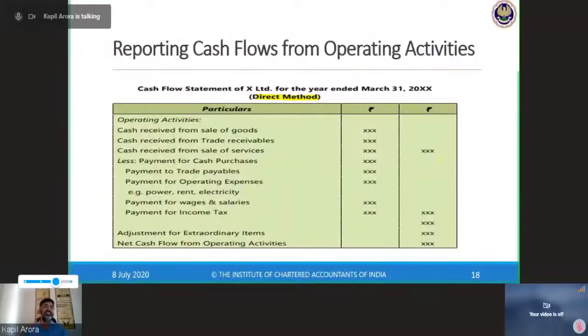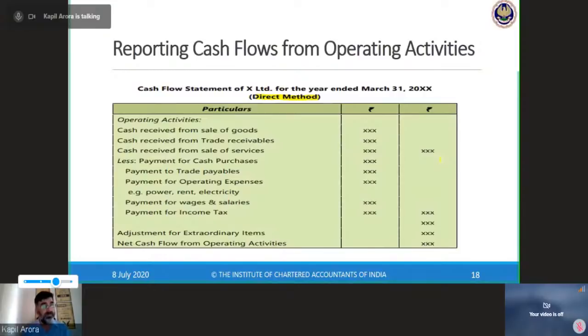Now coming back, what happens with the direct method? In the direct method, we do not look at the change in working capital, the difference in inventory, trade receivables, trade payables and so on.